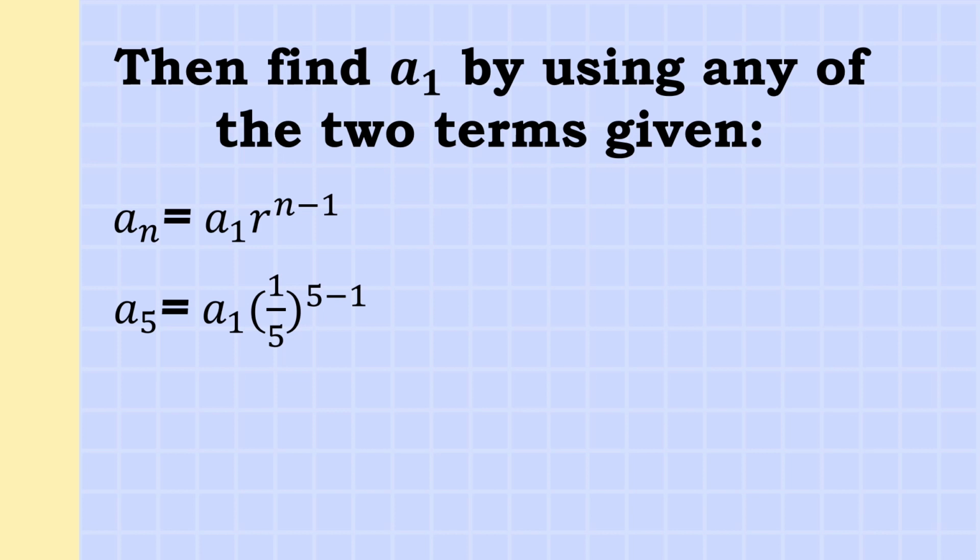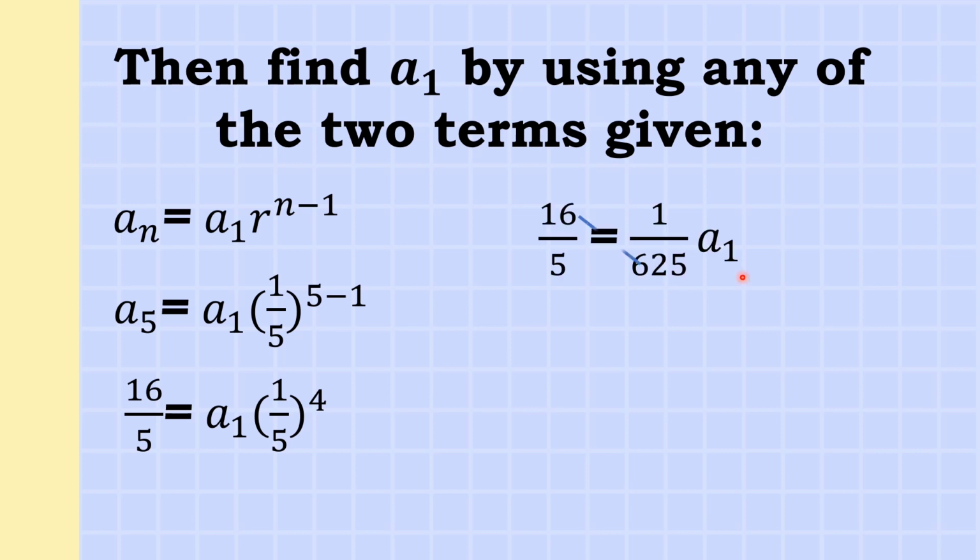A sub 5 is 16 over 5 equals a sub 1 times 1 over 5 raised to 4. 1 over 5 raised to 4 is 1/5 times 1/5 times 1/5 times 1/5. So that is 1 over 625. Then let us cross multiply 16 and 625. So we have 10,000 divided by 5 equals a sub 1. So our a sub 1 is equal to 2,000.